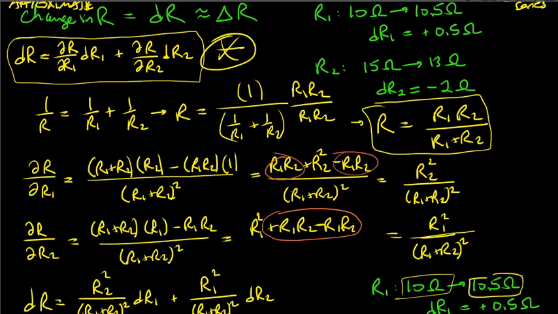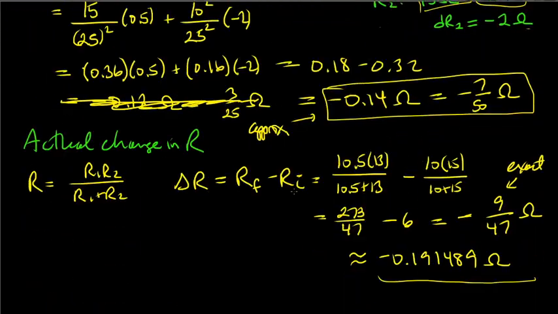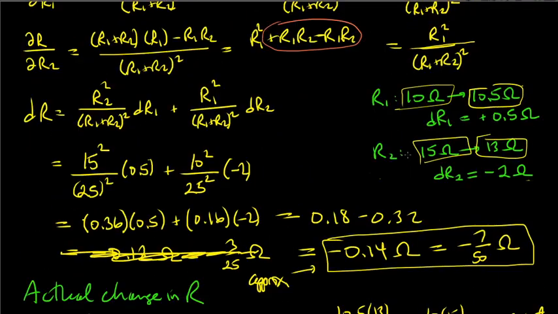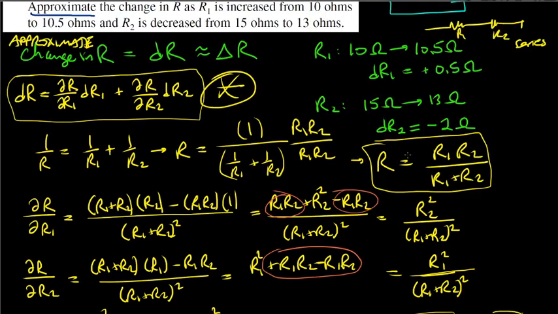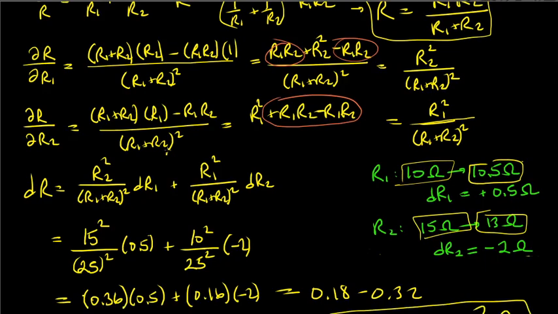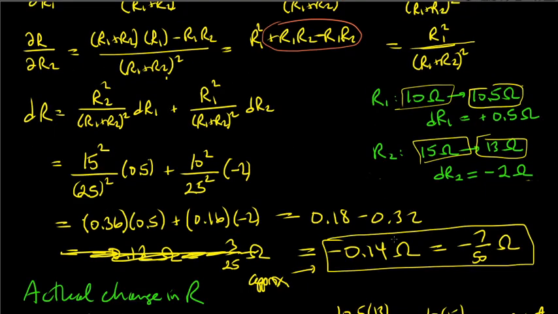And some of you are probably wondering, isn't it easier just to get the actual change, right? Final minus initial, that was pretty quick, right? If we're only getting an approximate by doing this horrible derivatives, differentials, and all that stuff, why bother just getting the approximate?